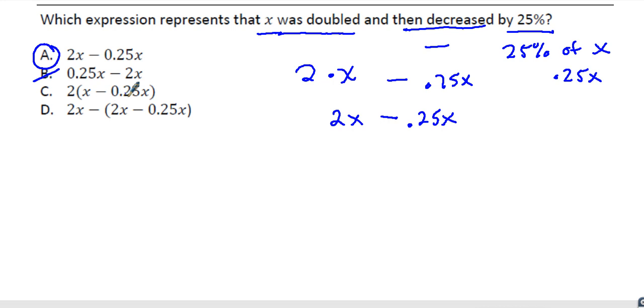This would be taking 25% off first and then doubling the answer. That's not true. Here you're starting with 2x minus 0.25. No, because here you're doubling x again, so that's not right. The only answer here is A.